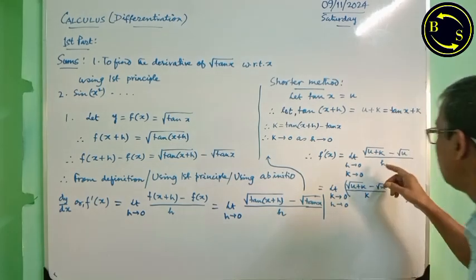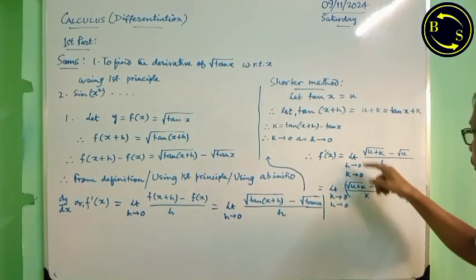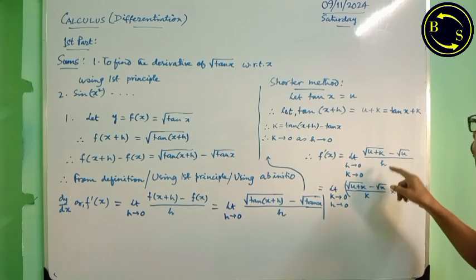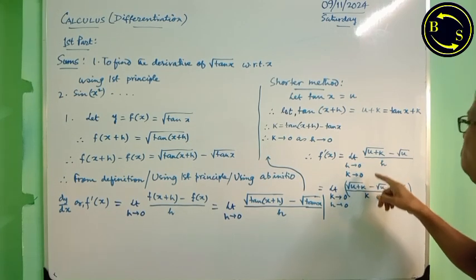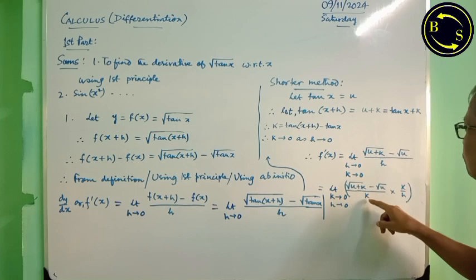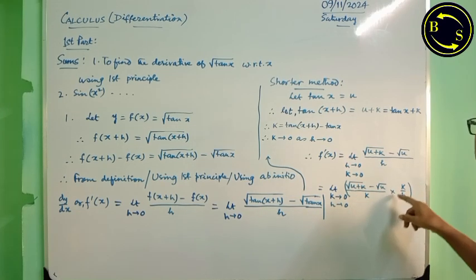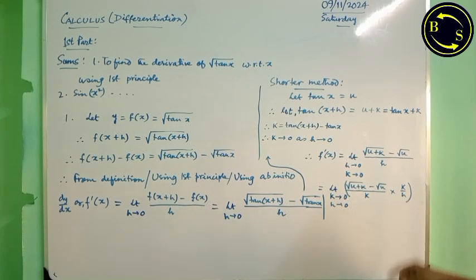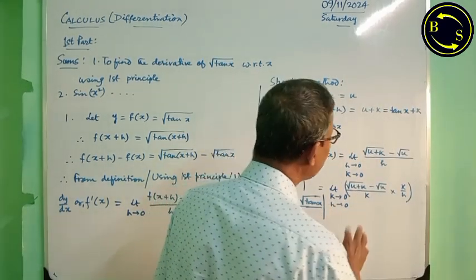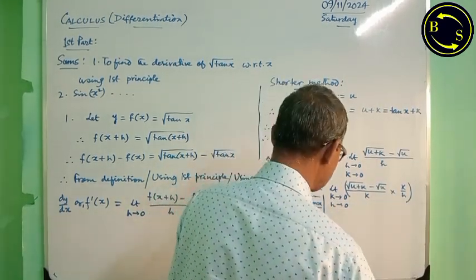For finding the limiting value of this, to get the standard limit form, I have replaced h by k, and that is multiplied by k by h. Now this is of the form limit x tends to a of f x into g x.